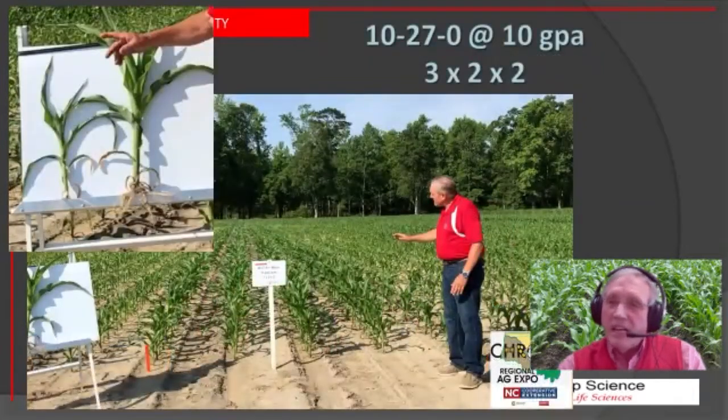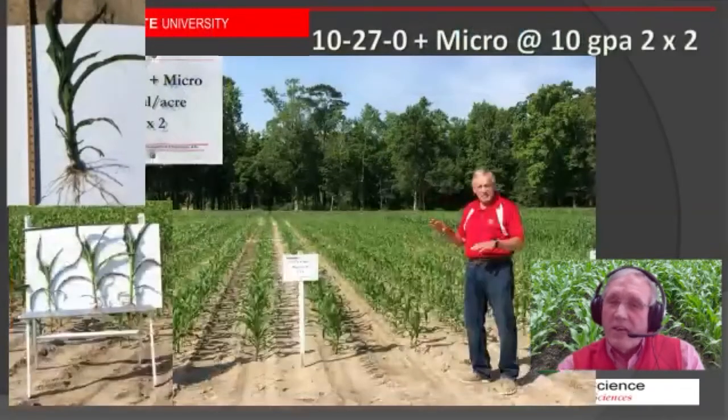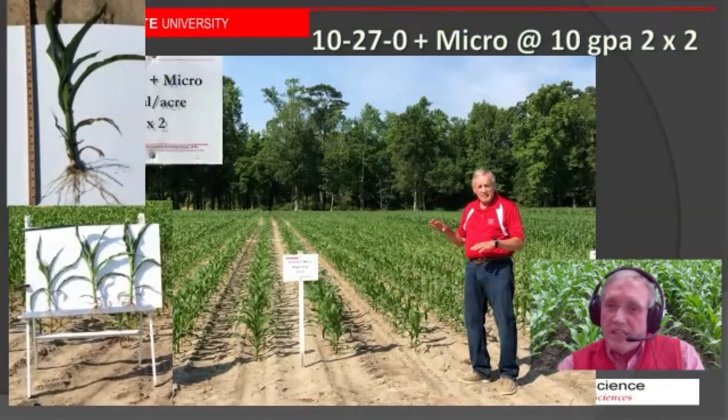If I go to a 10-gallon rate at a 3x2x2, I think I showed you this picture earlier on. Well, you can see we get even more enhanced growth and root development compared to the no starter. Now, if I go to just a 2x2 at that 10-gallon rate, it starts to look a little different. You can see that the plants there don't look as good as the 3x2x2 at the same rate.